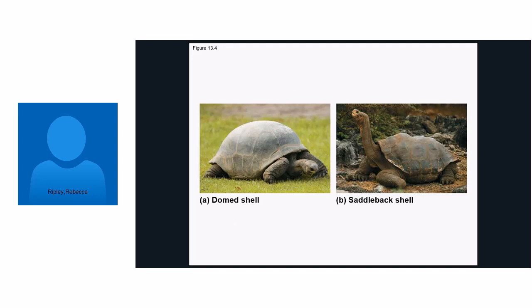Whereas the turtle on the right, his shell curves upward near his neck so that he's able to reach up high. So he would live in an area that doesn't have as much vegetation, so it could be really dry, and he may need to reach up higher to get leaves off of bushes and trees. So it's an example of two animals that were similar but different in a lot of ways.